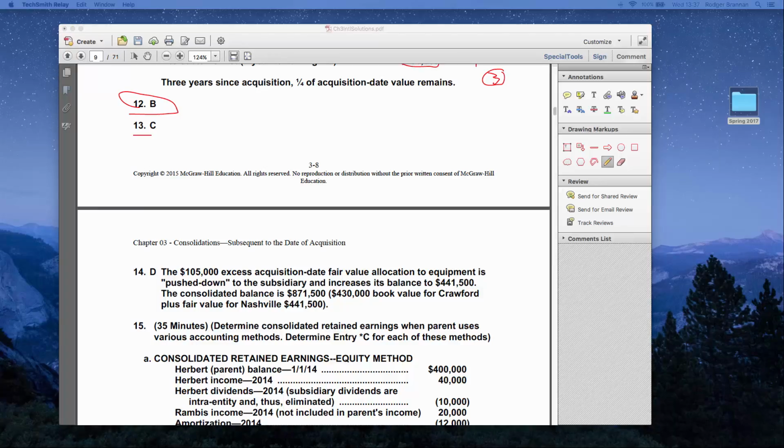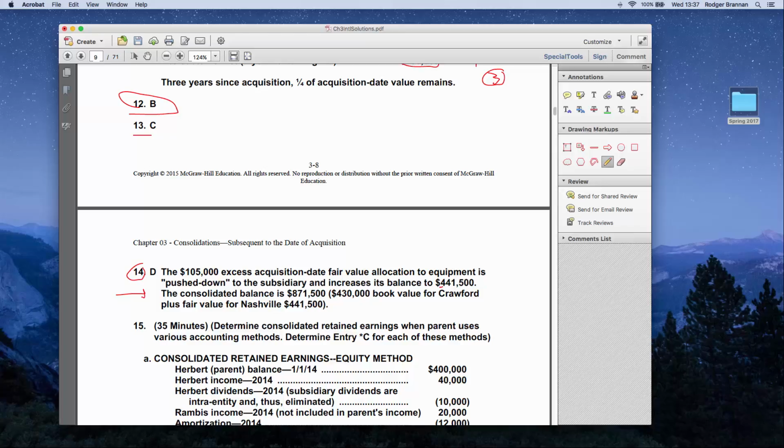Okay. Regardless of whether the sub is using push-down accounting or not, the assets would be shown at essentially the parent's book value of the assets plus the book value of the assets of the sub plus whatever adjustment to fair market value.